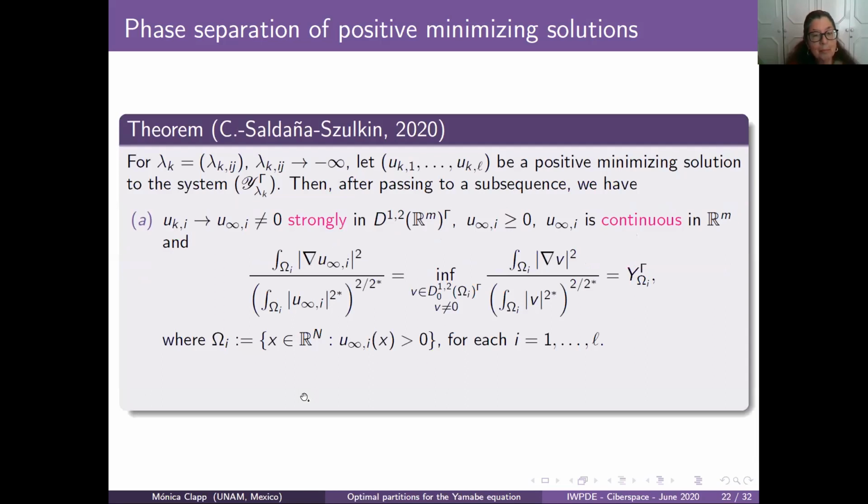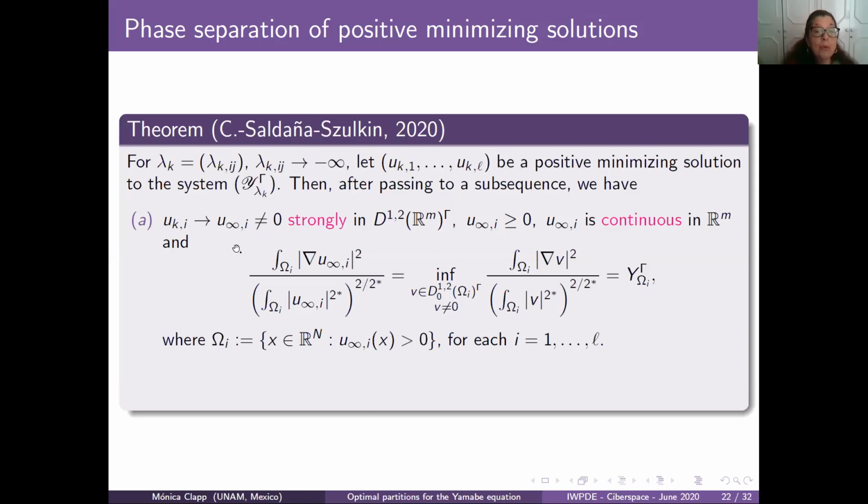10 minutes. Okay. So indeed, we looked at the minimizer. So we look at matrices, symmetric matrices, one for each k, whose entries go to minus infinity, and we look at a positive minimizer for the system where the coefficients of the interacting term are the entries of the matrix, okay?